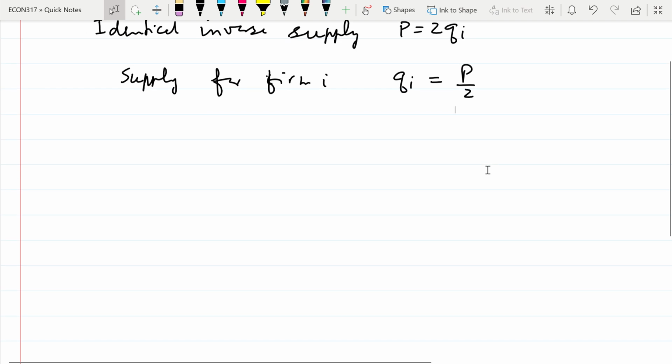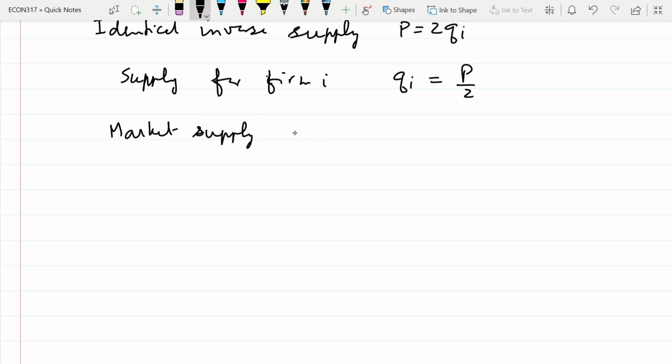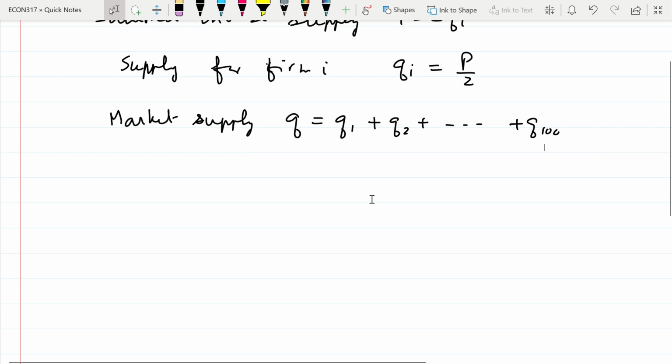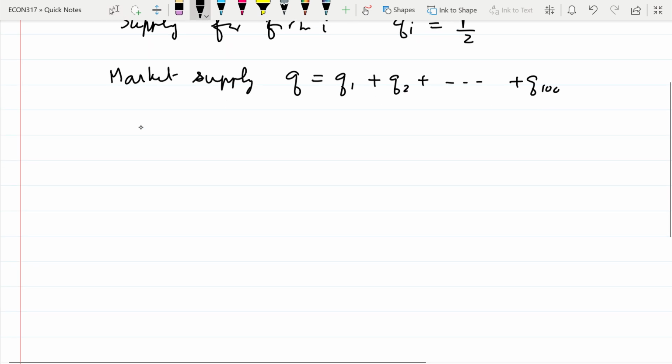Now, to find out the aggregate supply or the market supply, I will use the symbol Q for the market supply, which is the sum of quantities supplied by firm 1, by firm 2, and on and on, by firm 100, given any price P. But we know the quantity any firm supplies given the price P is identical. So I will write Q equal to P over 2.